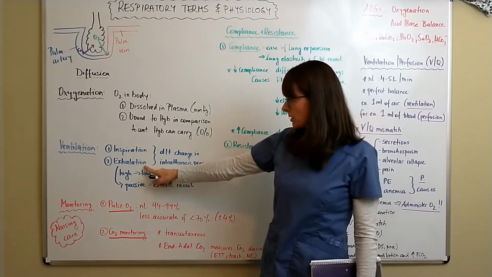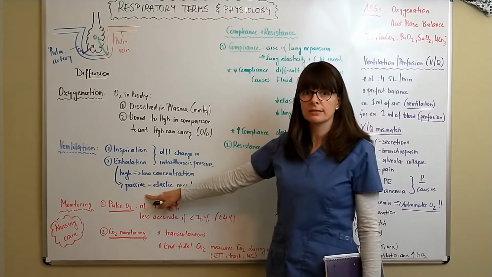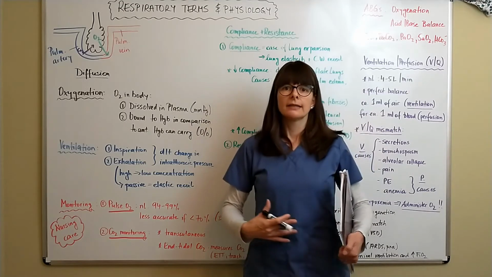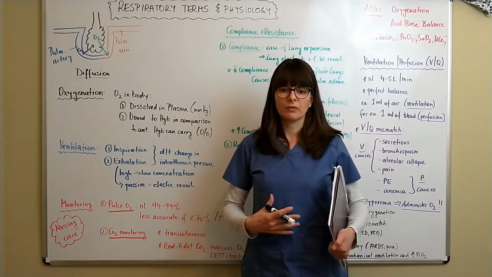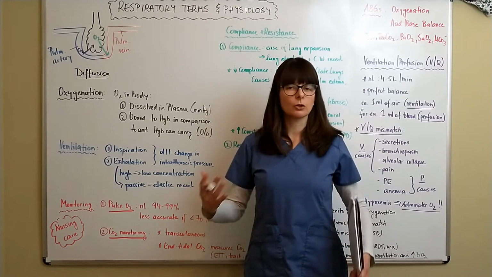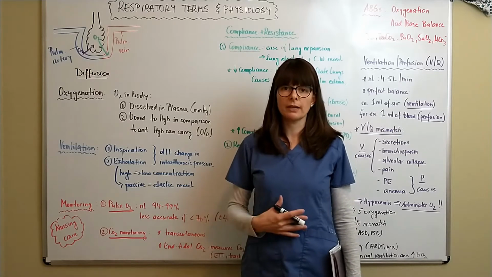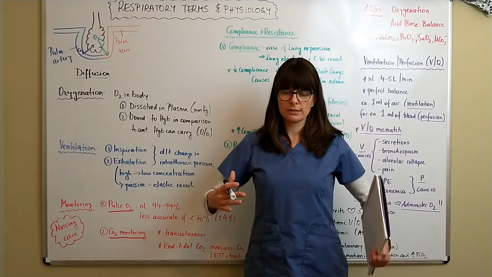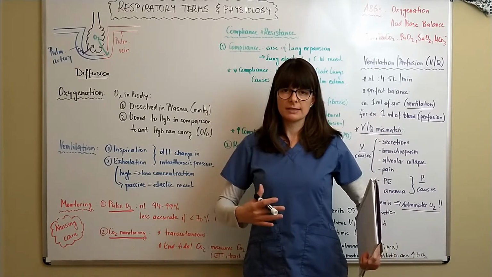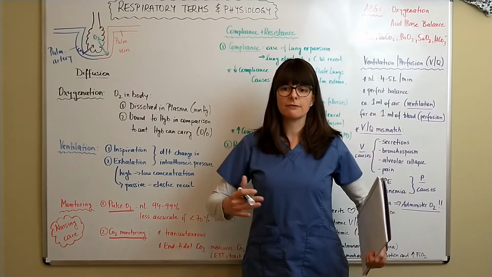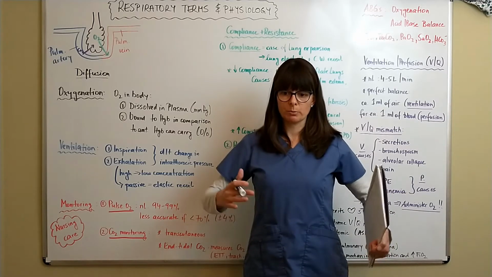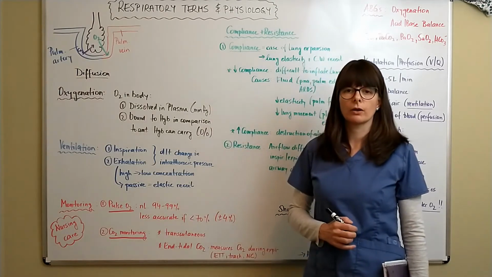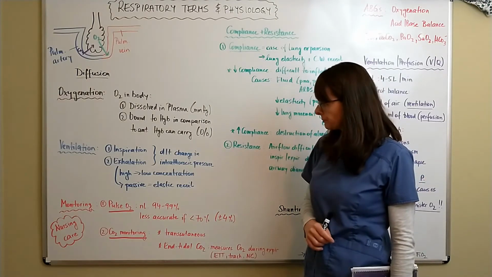Exhalation, keep in mind, is a passive process because of the elastic recoil of the lungs. Inhalation is more of an active process, although we're not usually aware of it. By slowly recoiling, the chest and all the accessory muscles, the intercostal muscles and the diaphragm, move back into their original position. This is called the elastic recoil ability of the chest wall.